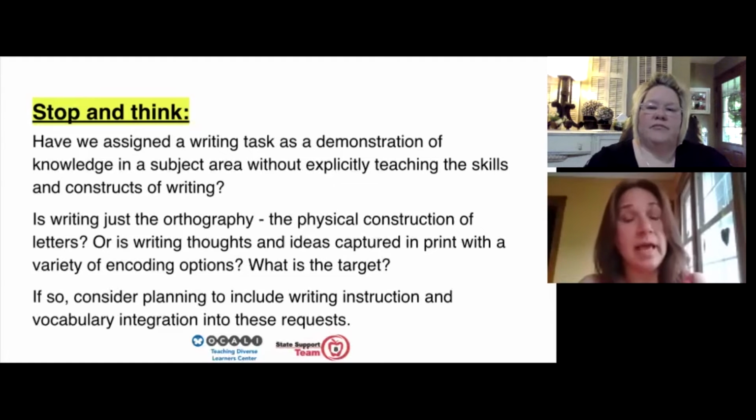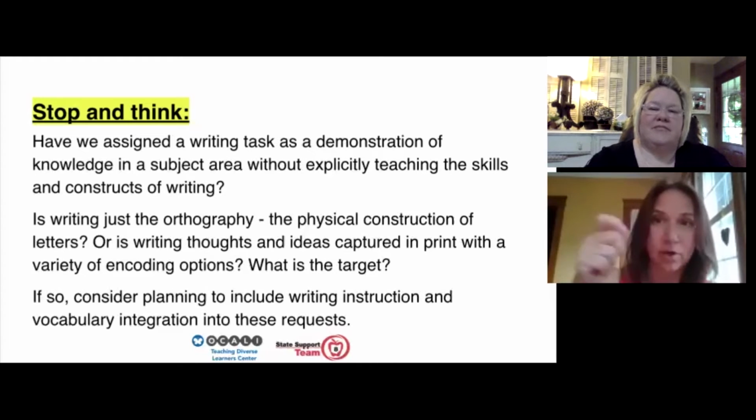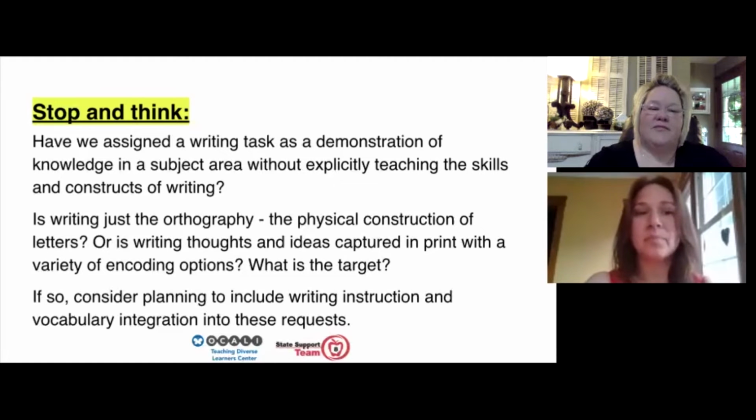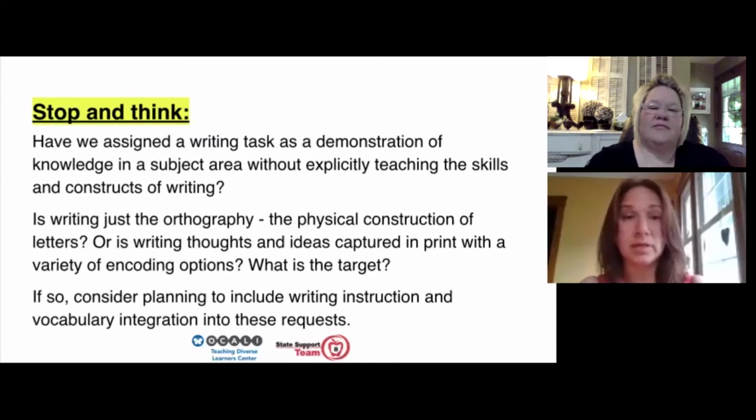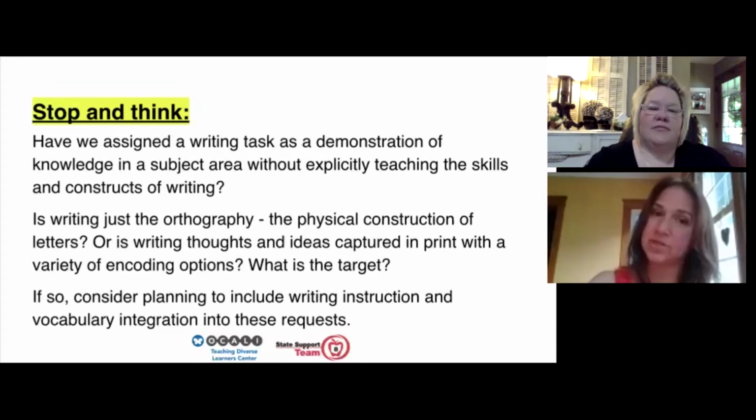Another question we had was kind of philosophical. Is writing just orthography or physically writing letters? Or is writing thoughts and ideas captured in print? And possibly you could have a variety of decoding options.